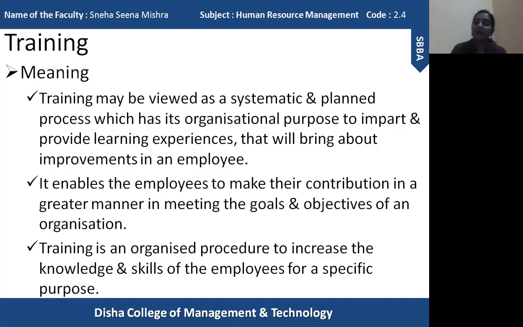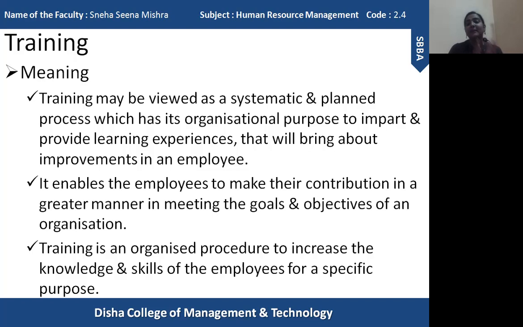So what will be its consequence? A trained employee can easily meet his or her goals, objectives. And at the same time, if all the individuals are trained and each and every individual perform their job efficiently and effectively, the organization's goals and objectives can also be achieved.